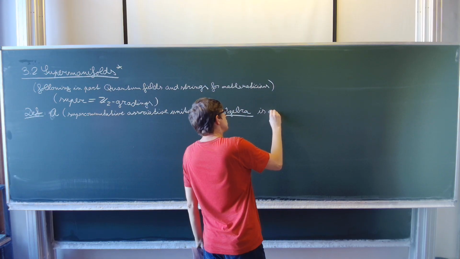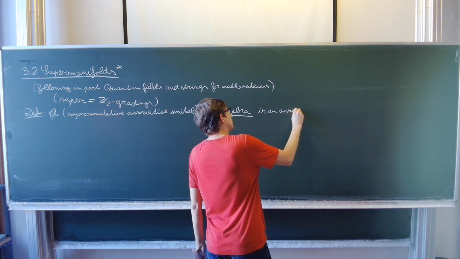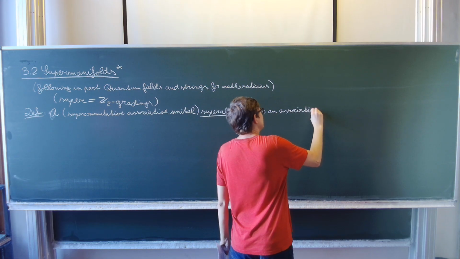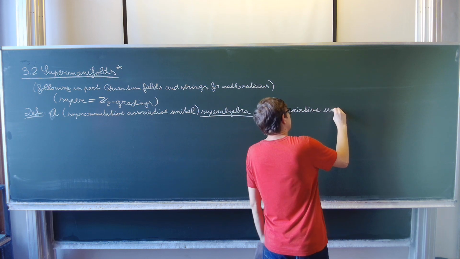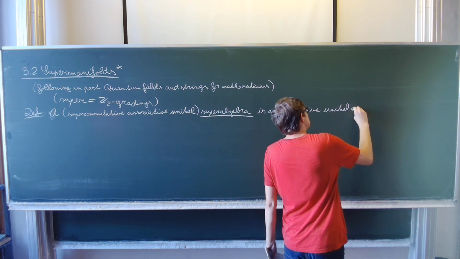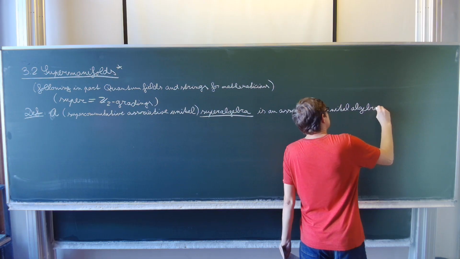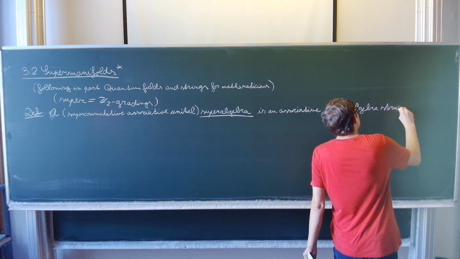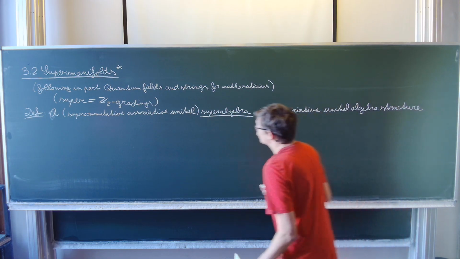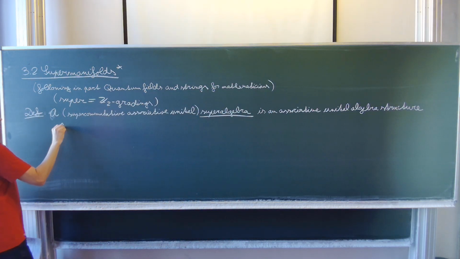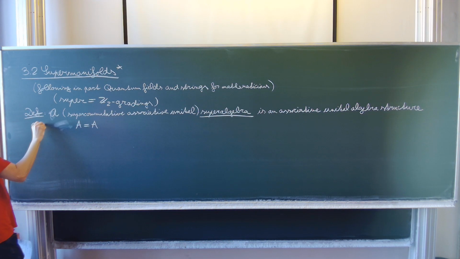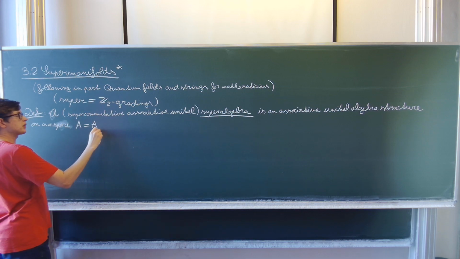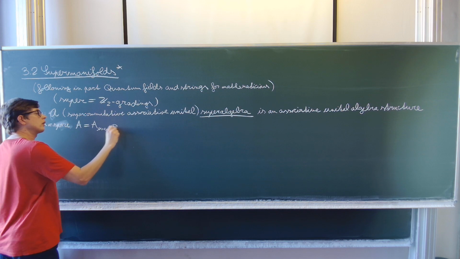So this thing is an associative unital algebra structure on a vector space A, which decomposes into two bits, even and odd.